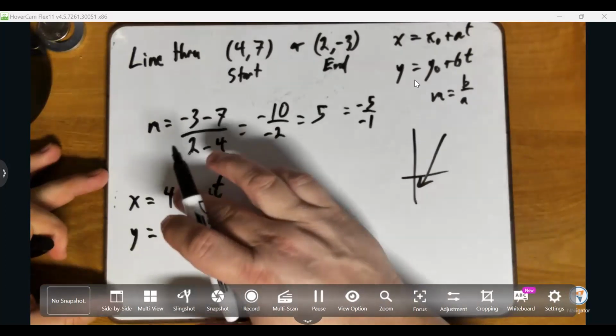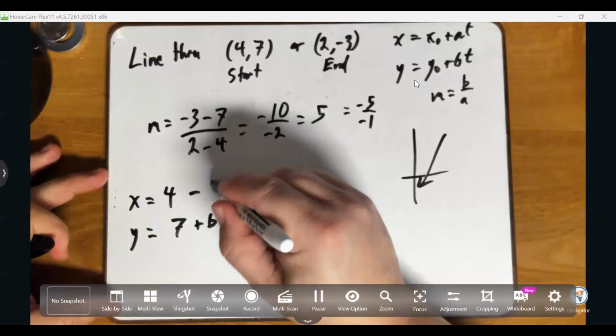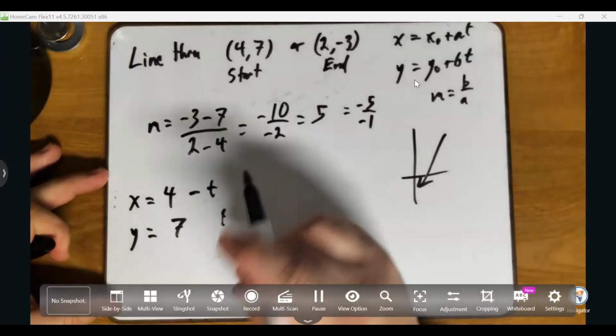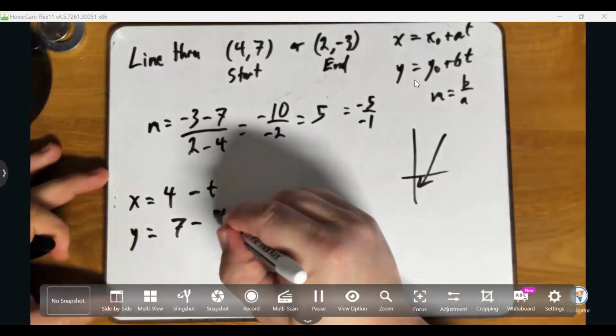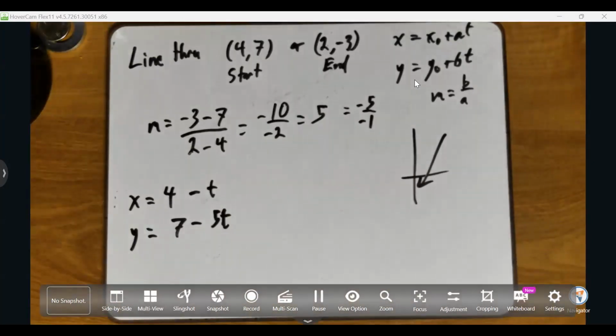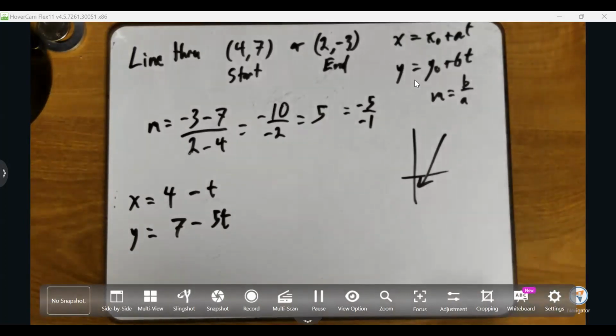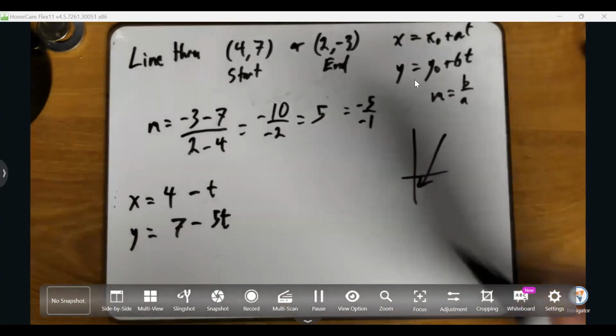So that we have x equals 4 minus t and y equals 7 minus 5t. And that's going to give us the parametric equations that we want.